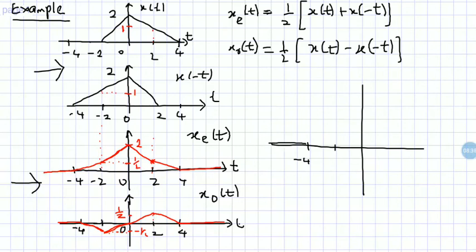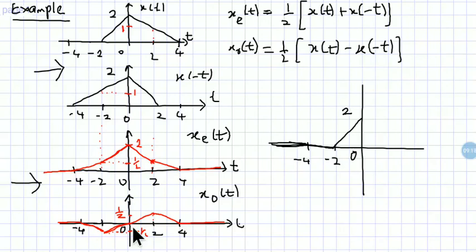From minus 2 until 0, you have an increasing value, but you have to subtract this value, so you still have an increasing value until t equal to 0. There it is 2 plus 0, so you have magnitude 2.